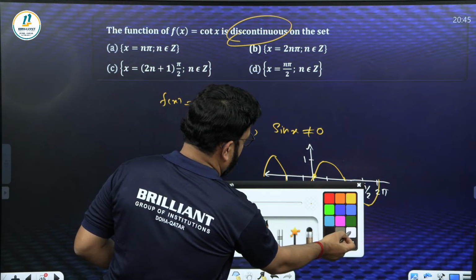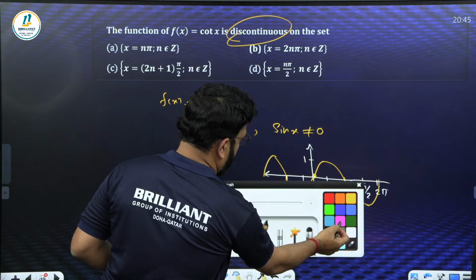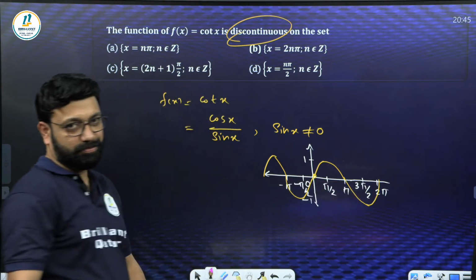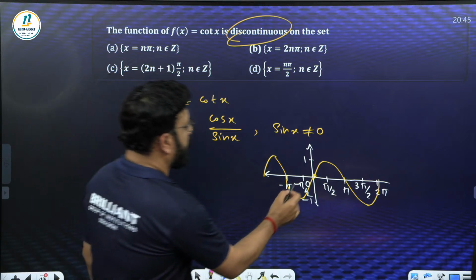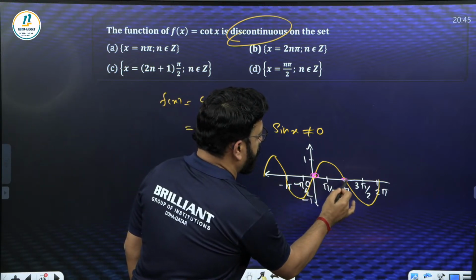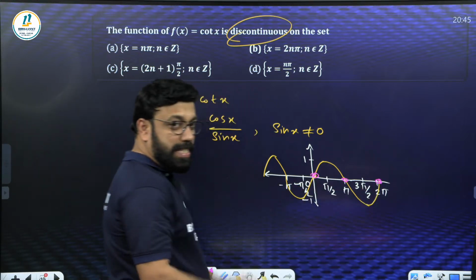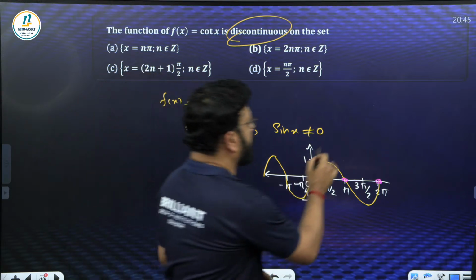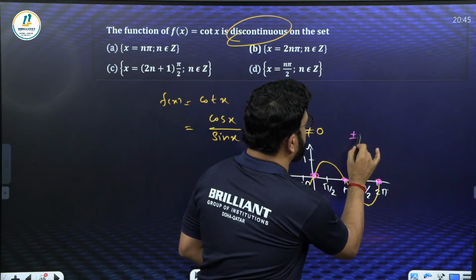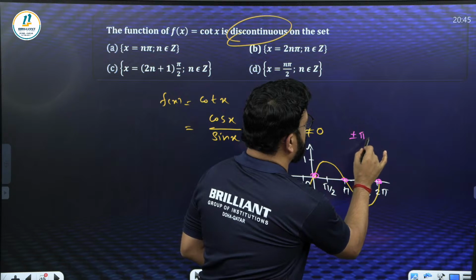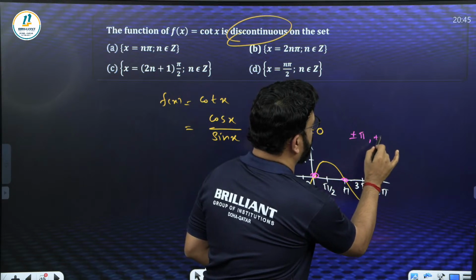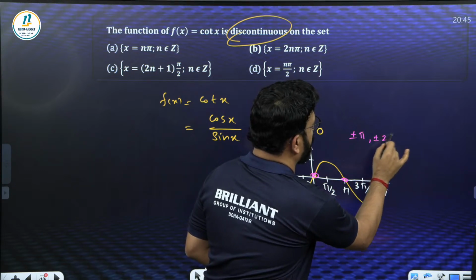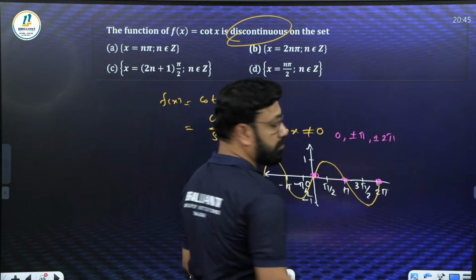Maybe you didn't learn this last year because some topics were deleted in the 11th class. Here we have 0 pi, 1 pi, 2 pi, 3 pi. Similarly, minus pi, minus 2 pi. Plus or minus pi will come, plus or minus 2 pi will come, and 0 will come.